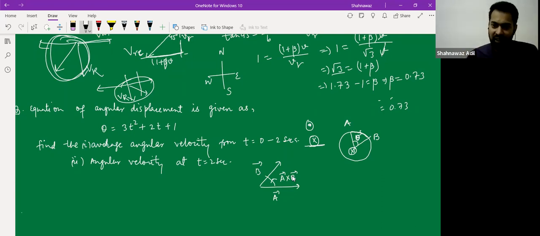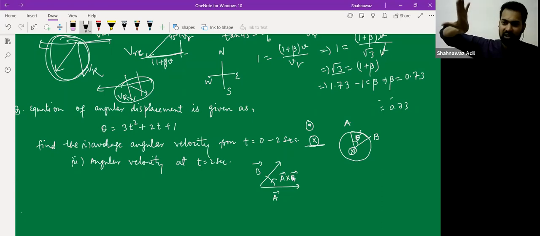We apply the similar scenario here for angular displacement. We keep our palm in the A direction and we move to the B direction. Whatever direction your thumb points out is the direction of the angular displacement, right? So is it clear now?